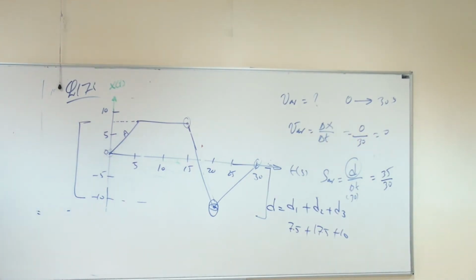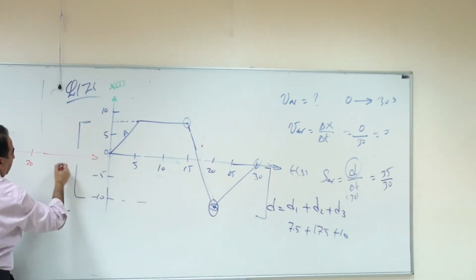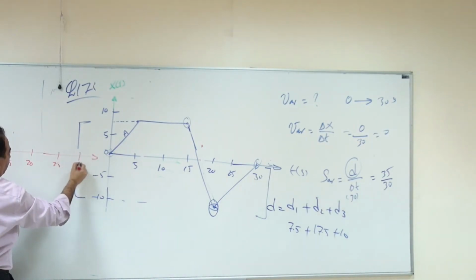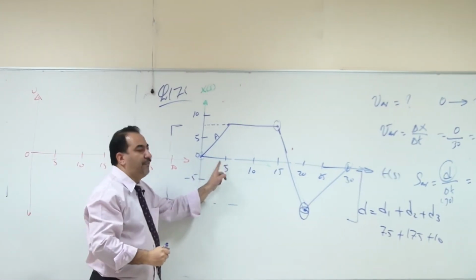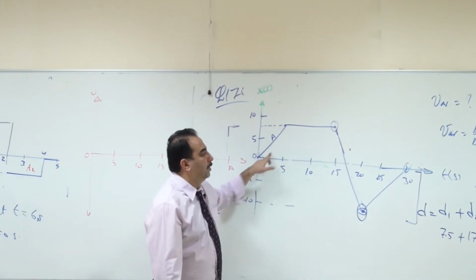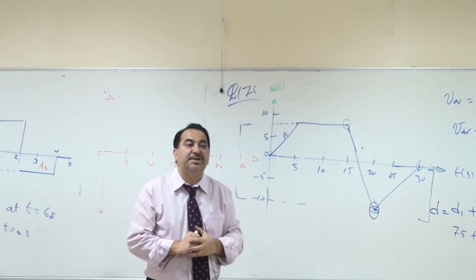Let me show you what I mean by that. This is T. This is V. I'll put the same time scale: 0, 5, 10, 15, 20, 25, and 30. All right. From 0 to 5, how many velocities? Constant. How much is it?